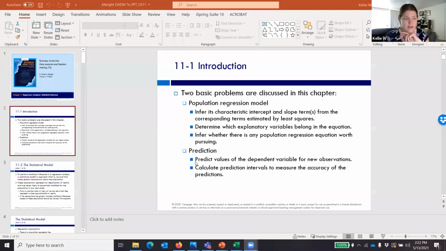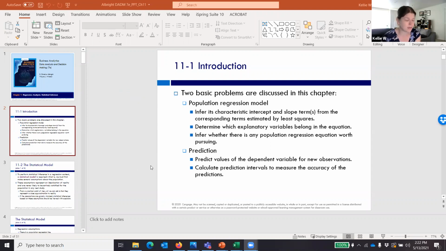So we make some assumptions about our variables when we run regression models. And in chapter 11, they focus primarily on the population regression model. So what are we inferring?